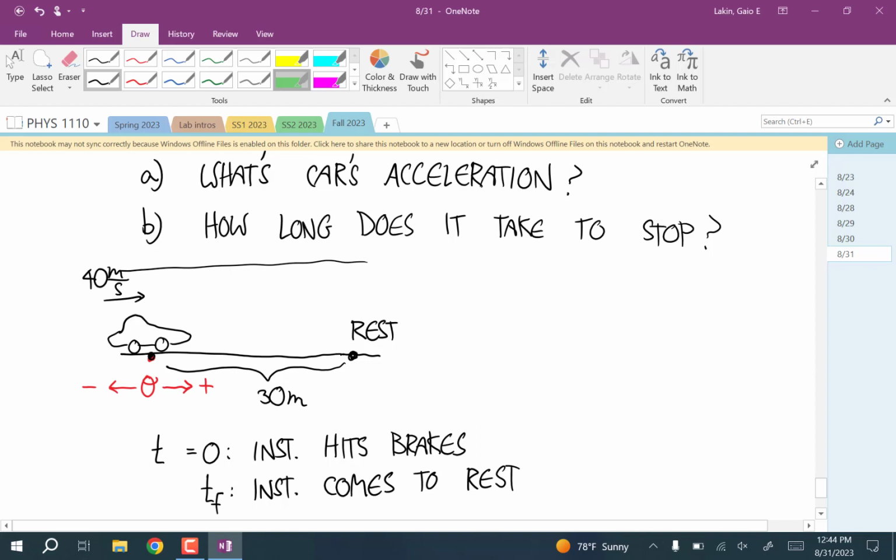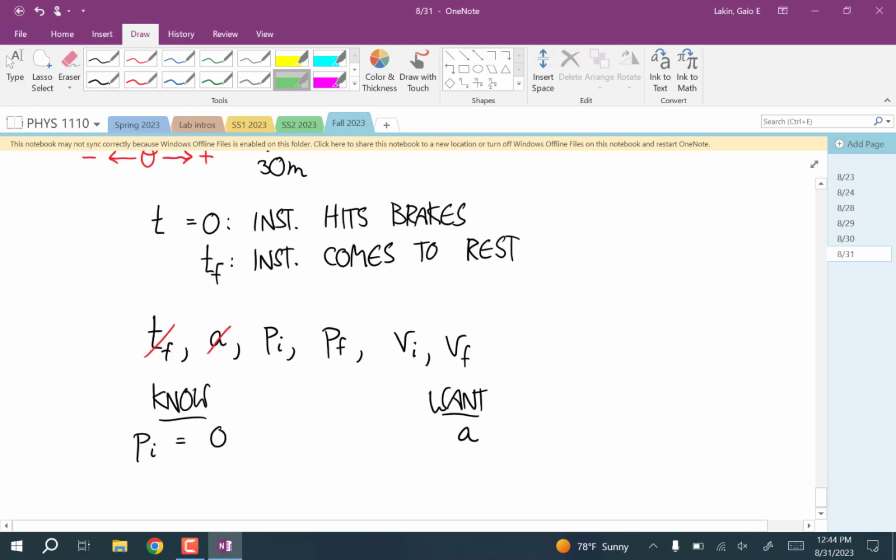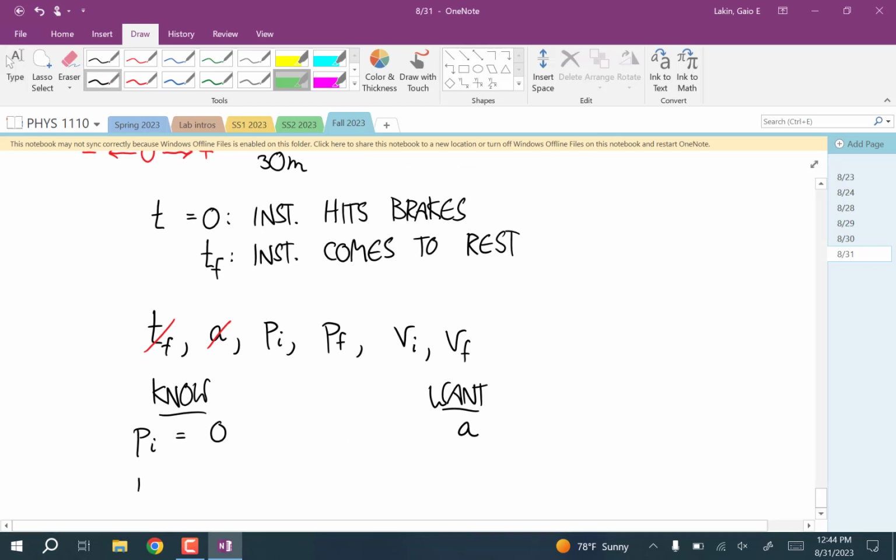Do we know the position at time final? We do. If you start at 0 and go 30 meters in the positive direction, you're at position positive 30. At least at the start, I'm going to be really careful about the signs because that's something you always have to think about.